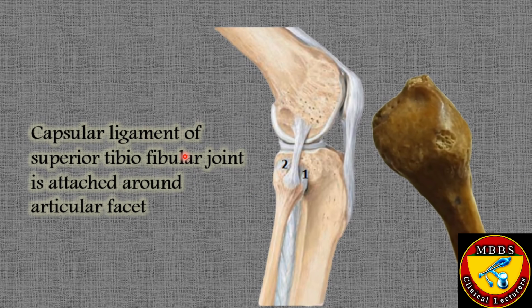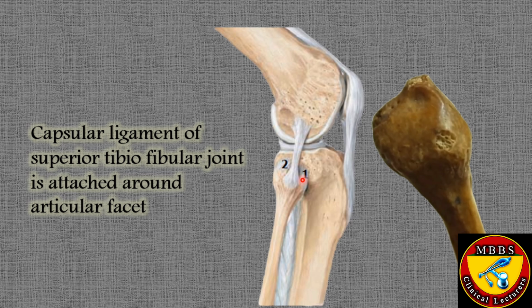Now the capsular ligament of the superior tibiofibular joint is attached around the articular facet. This is the circular articular facet. The margin of the circular articular facet gives origin to the capsular ligament of the superior tibiofibular joint.